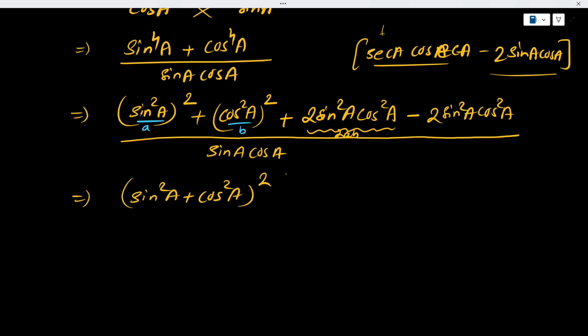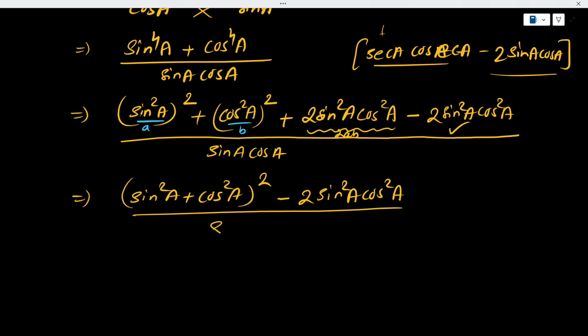Because I know sin square theta plus cos square theta is 1, minus 2 sin square A cos square A by sin A cos A, right? Now, you know that the identity sin square theta plus cos square theta is always 1. So in the numerator, one of the terms will become 1. Can you see here?